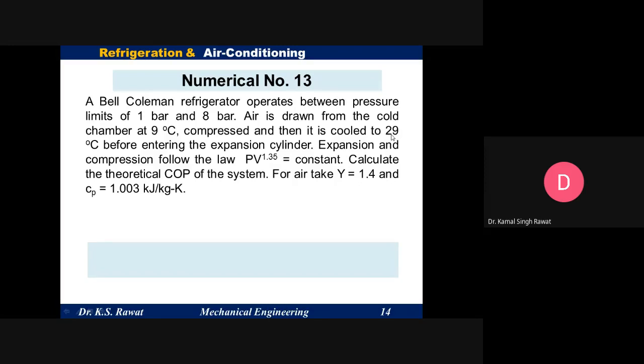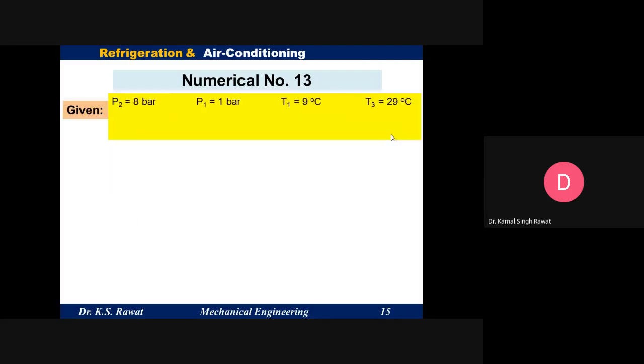So in the given data, we have pressure limits 8 bar and 1 bar, and the temperatures T1 and T3. T1 is 9 degrees centigrade and T3 is 29 degrees centigrade. We also have the values of Cp and gamma, and we know the value of R.